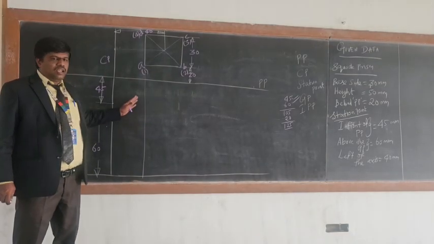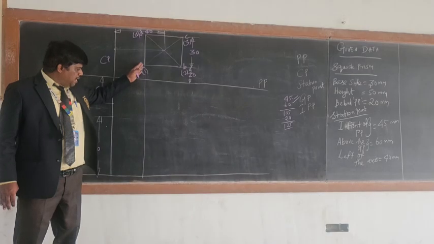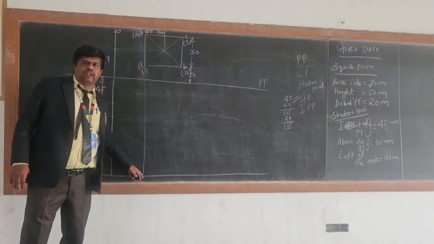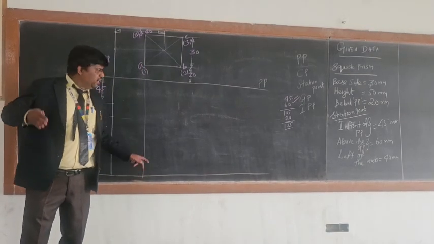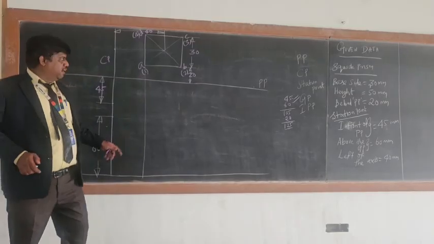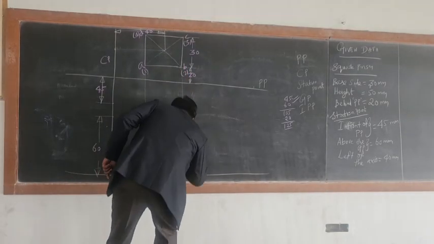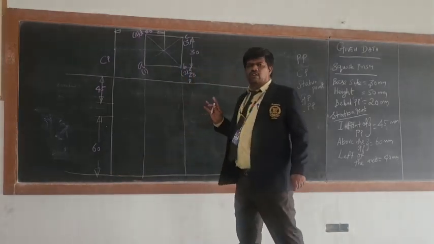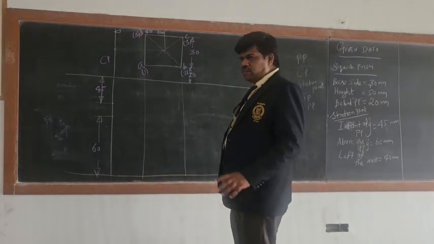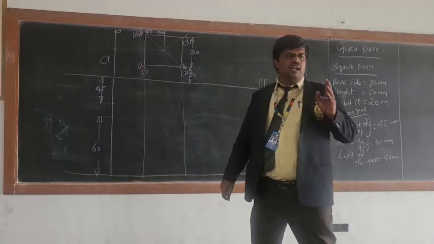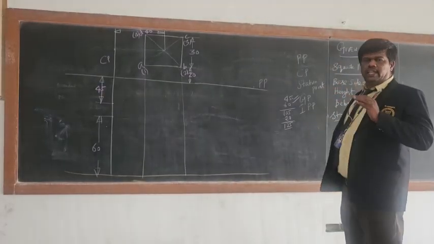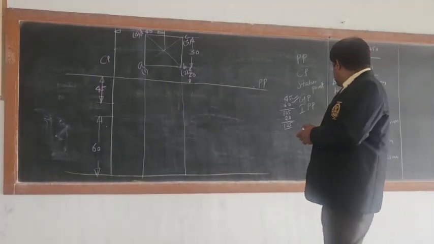Always keep a scale like this and mark a point. So a thin line you have to draw, but you know that the answer must always be dark.